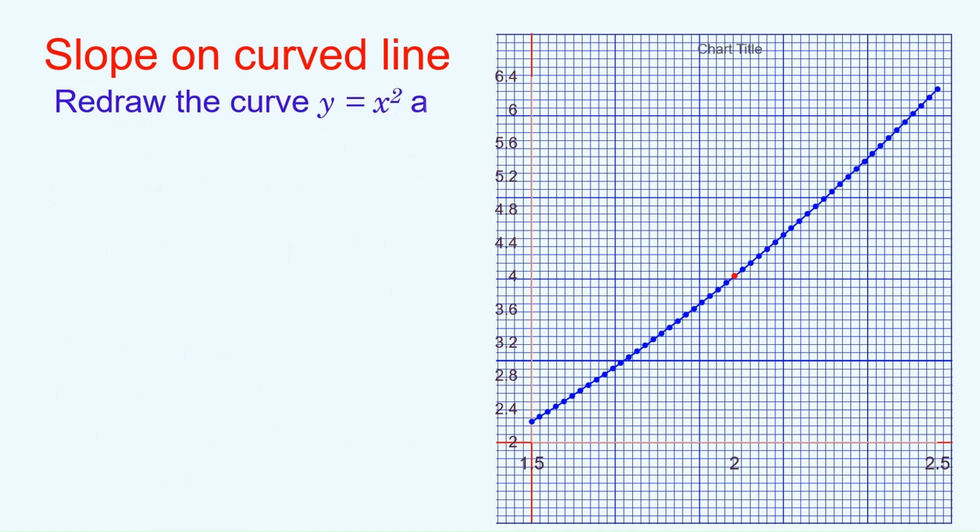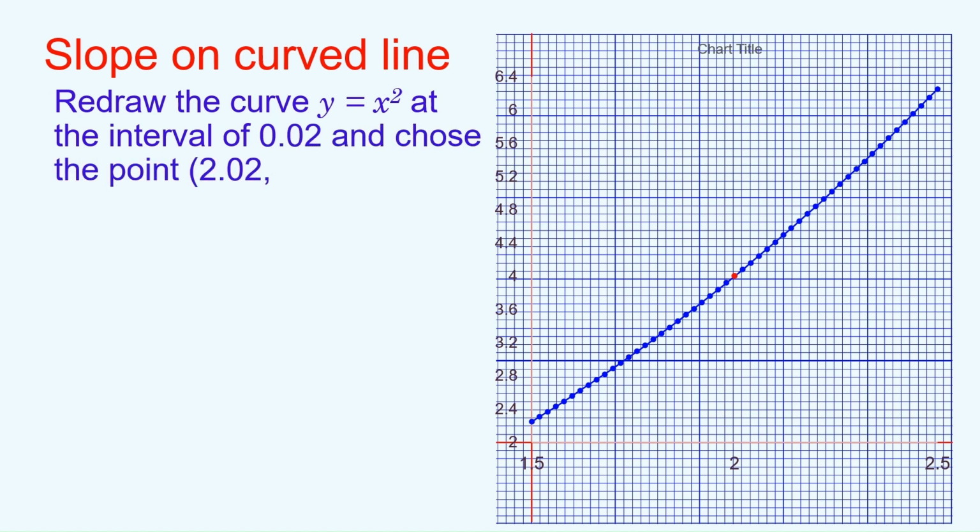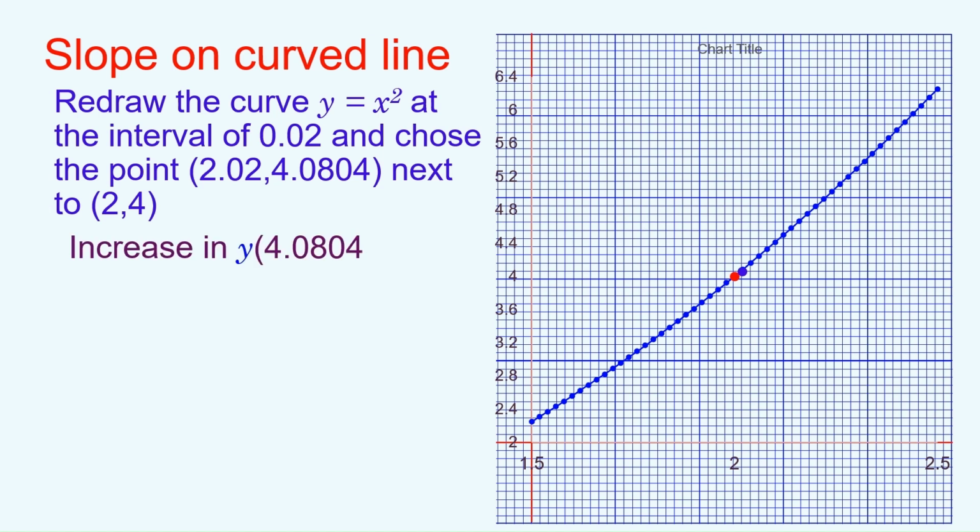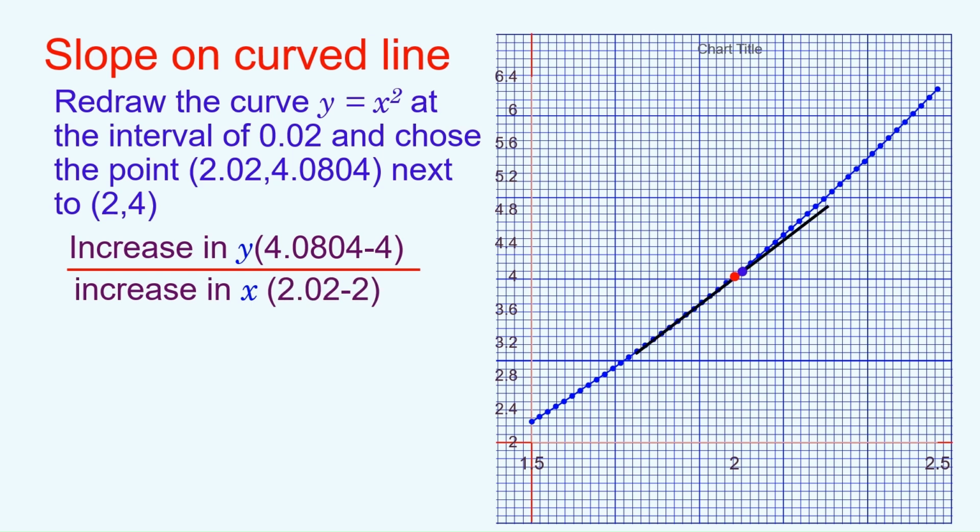Redraw the curve y equals x squared at the interval of 0.02 and choose the point (2.02, 4.0804) next to (2, 4). Increase in y: 4.0804 minus 4, that is 0.0804, divided by increase in x: 2.02 minus 2, that is 0.02.